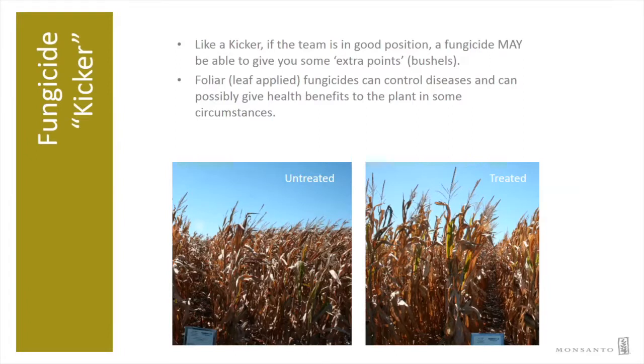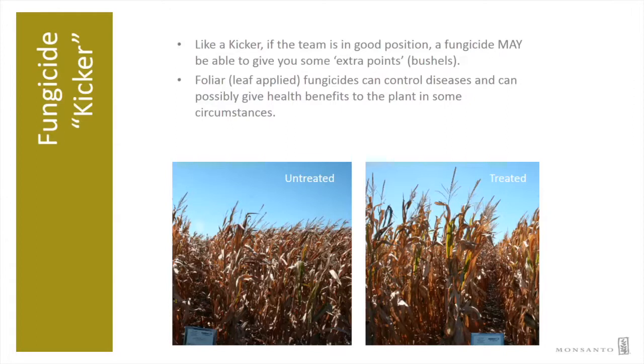Now, you're making a lot of these decisions obviously early in the season to apply this fungicide or not, but typically you'd be out scouting the plot in your late June time frame, so you apply your foliar fungicide right at tassel, or what we call VT, to the R1 reproductive 1 stage in your corn plant.